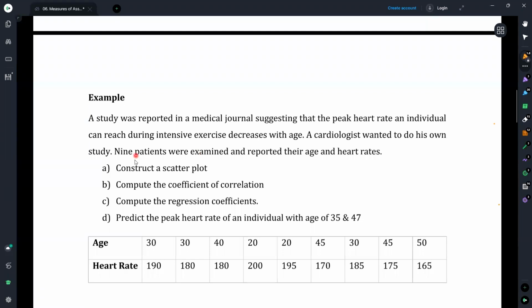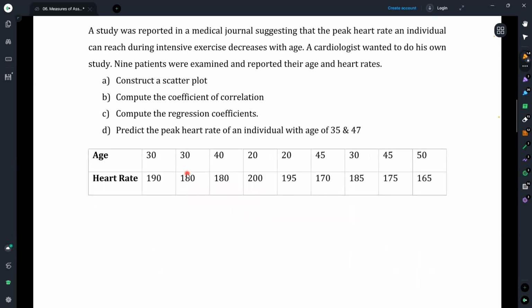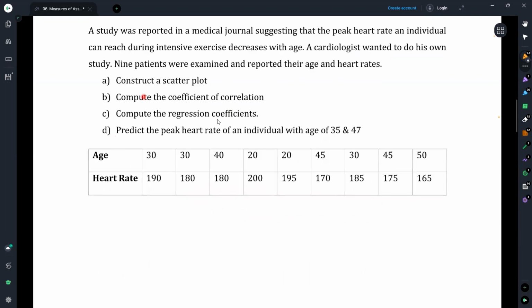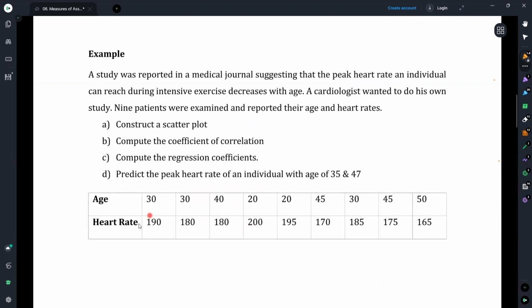As the first part, we are asked to construct this scatter plot. Since it is asked to compute the regression coefficient, we may use the regression analysis technique. Therefore, as a principle, I will first identify the variables, what would be the independent variable and what would be the dependent variable.